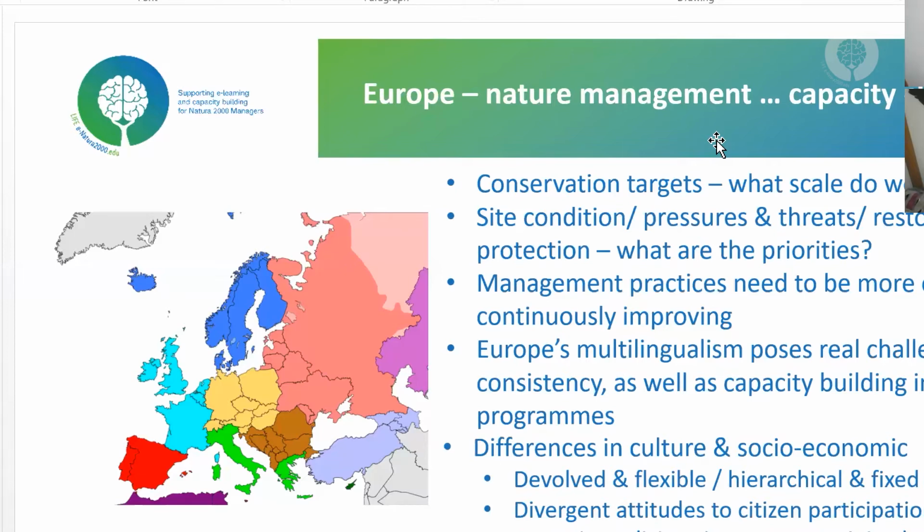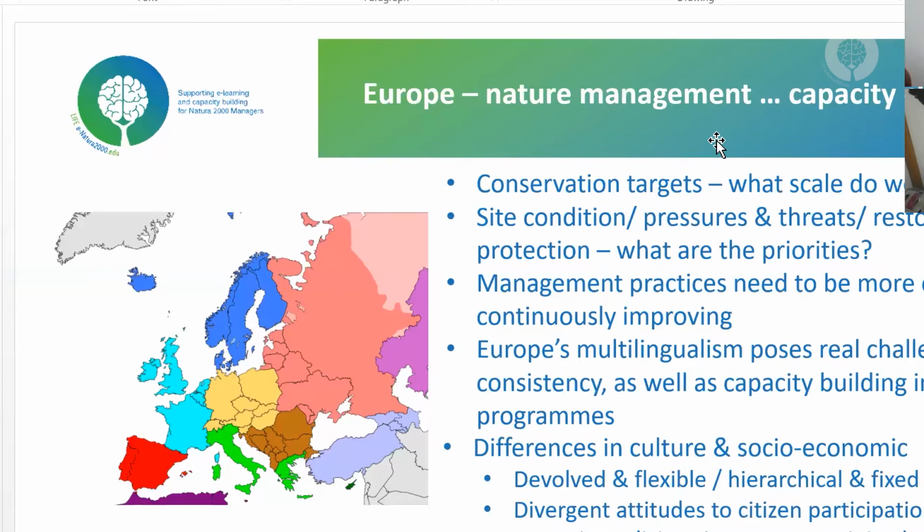But we're only really scratching the surface of that, because we know that a lot of practicing nature managers just don't have the linguistic skills that can enable them to be part of these types of programs. So how do we cascade our knowledge to local communities of managers involved in nature conservation?